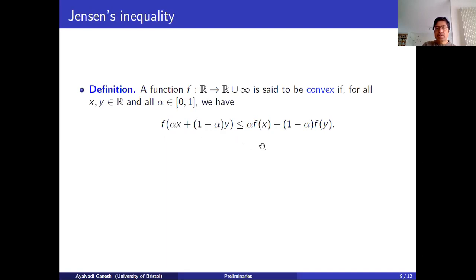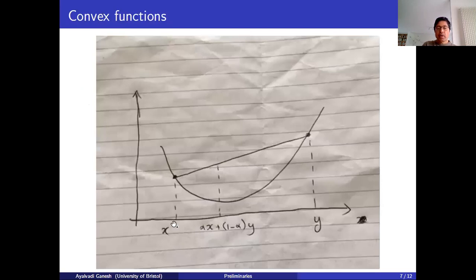So what in words this is saying is that the function evaluated at the convex combination of x and y is bounded above by the same convex combination of f of x and f of y. So back to the picture. So here are x and y. Here's that convex combination alpha x plus 1 minus alpha y. For different values of alpha between 0 and 1, it'll give you different points here on the line segment between x and y.